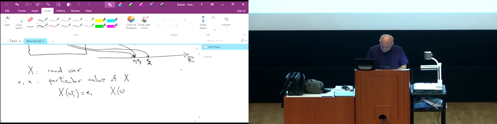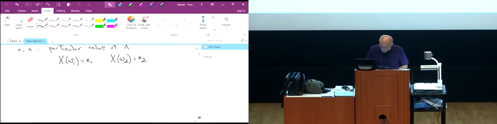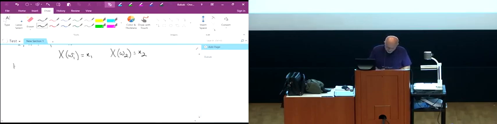X of omega 2 happened to be small x2 and so on. And there's a rule that does that mapping. The rule depends on the context, of course, and that's where these examples come in. So let's do an example.